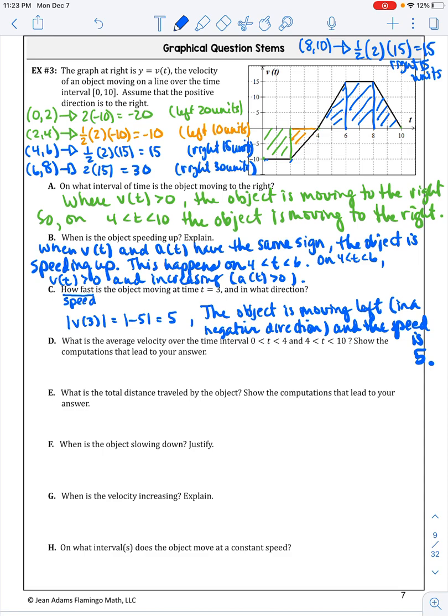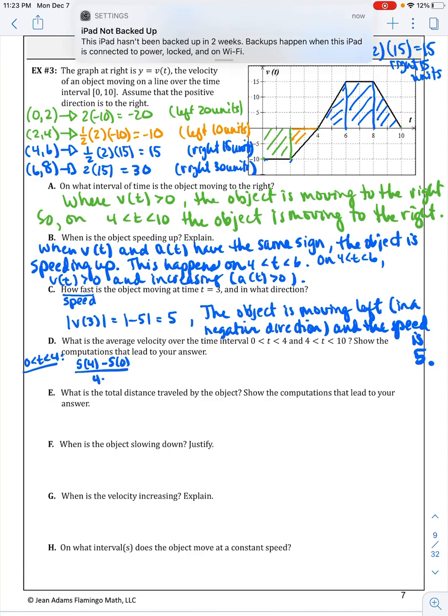So what is the average velocity over the time interval from 0 to 4 and from 4 to 10? Show the computations that lead to it. So we're going to do the interval from 0 to 4 first. And this is our average velocity. So we would be using s of 4 minus s of 0 divided by 4 minus 0 to find our average velocity.